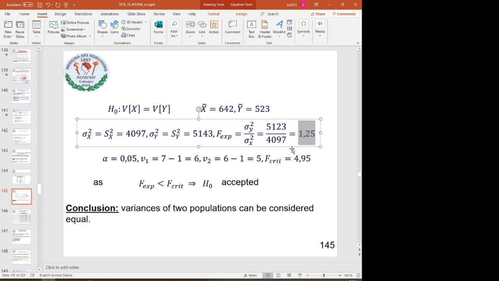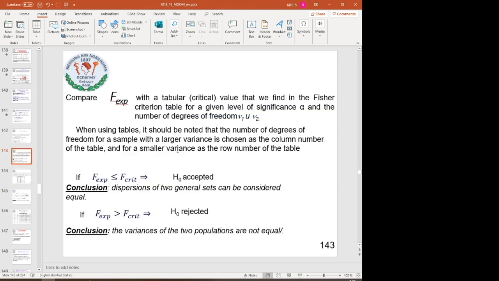So the difference between variances is almost 4 times less than the critical F-test value, and we accept the null hypothesis. So this dietary supplement is not effective.